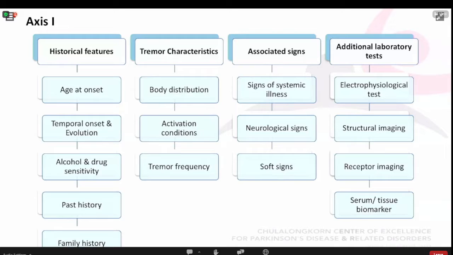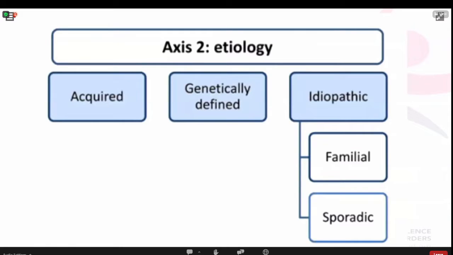Another one is the associated signs, like other neurological or systemic signs. And the last one is additional laboratory tests, for example, electrophysiological tests. And axis two is etiology, which is usually acquired or genetic, and also maybe idiopathic, familial, or sporadic.